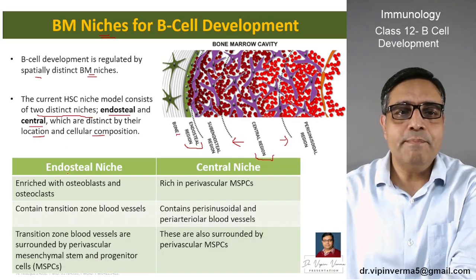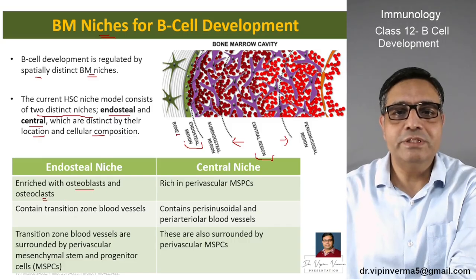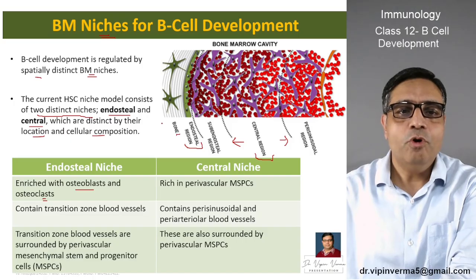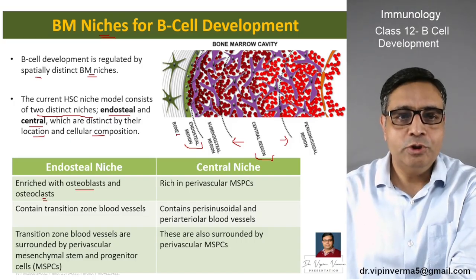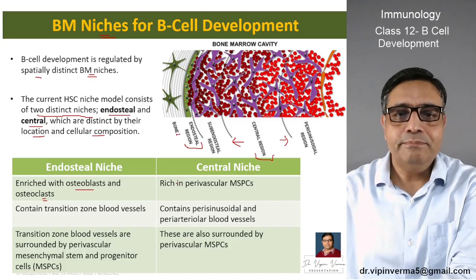Okay. Now if we compare these two, the endosteal niche is enriched with osteoblasts and osteoclasts. So basically, this region is very heavily populated by osteoblasts and osteoclasts. And the central niche, which is this region, is rich in perivascular MSPCs.